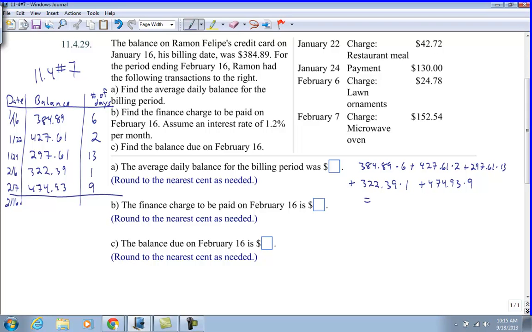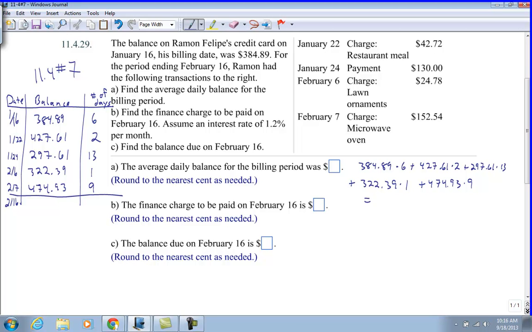And what do we get for that sum and product? 384.89 times 6 plus 427.61 times 2 plus 297.61 times 13 plus 322.39 times 1, that's kind of redundant, plus 474.93 times 9.